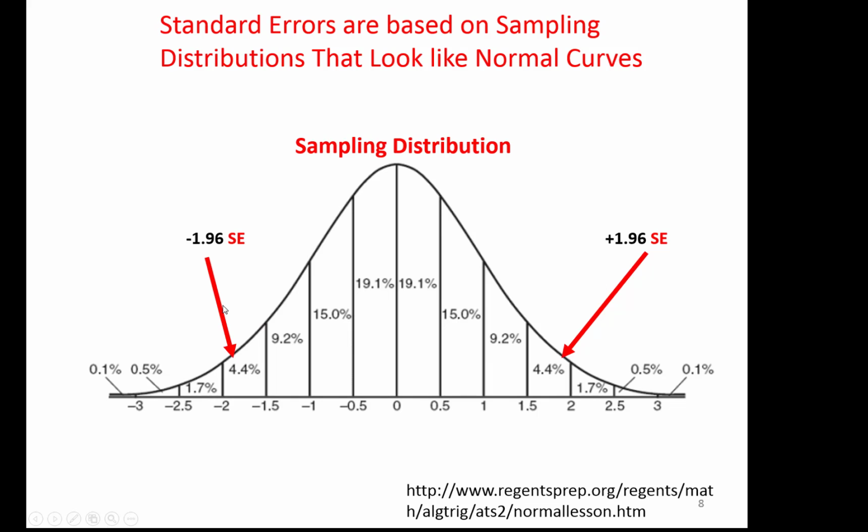We talked about confidence intervals the last time. So this is a sampling distribution. Again, I'm just showing it to you to indicate that a sampling distribution is made up of standard errors. Okay, we'll stop there.